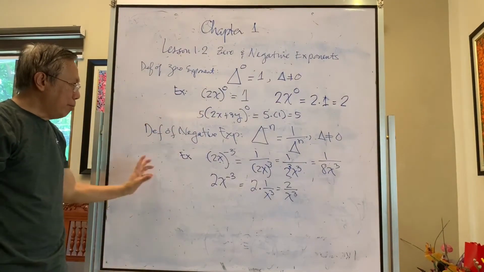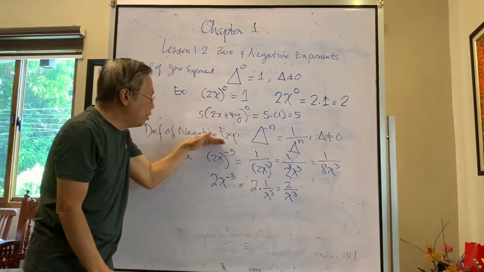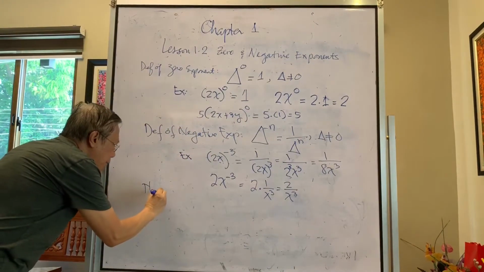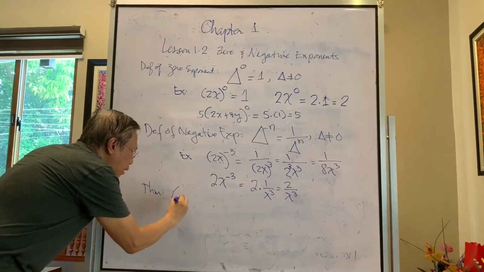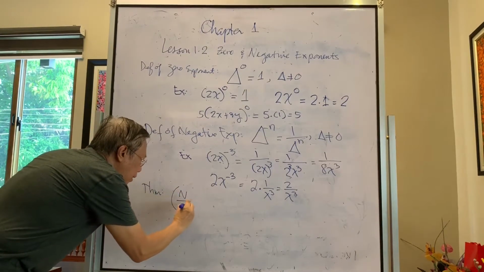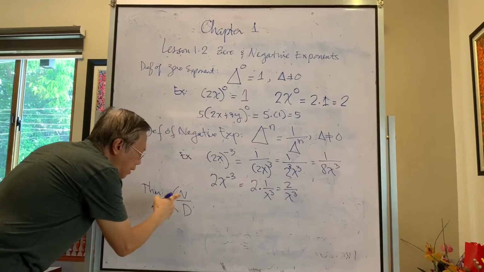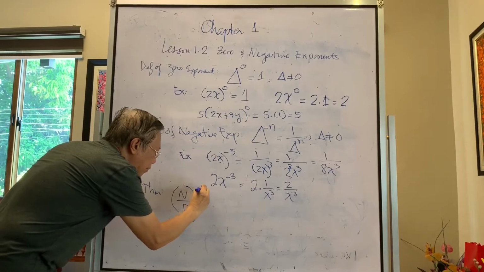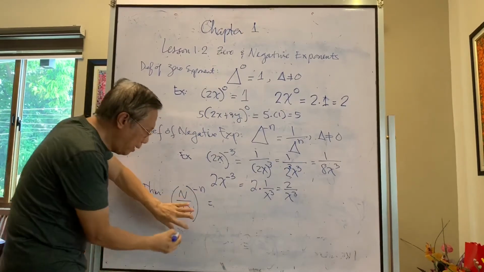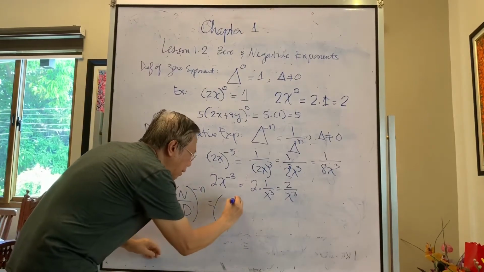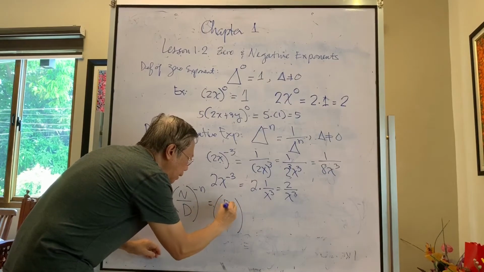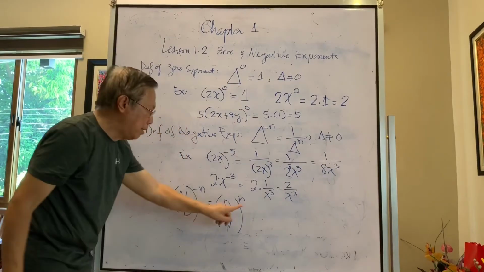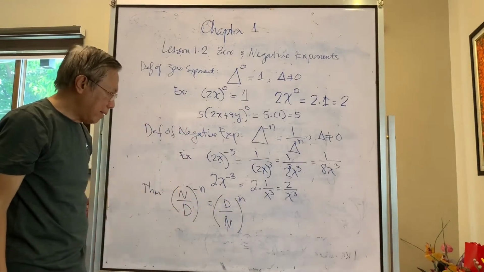Okay, now we can extend this definition of negative exponent to a theorem. Okay, this theorem can be proven using the definition. If we have a numerator over denominator, this is our algebra expression, the numerator over denominator, raised to a negative n. This one is actually simplified by just interchanging the numerator and the denominator and making that exponent positive.